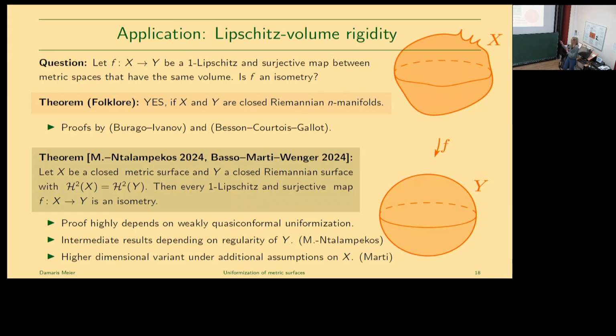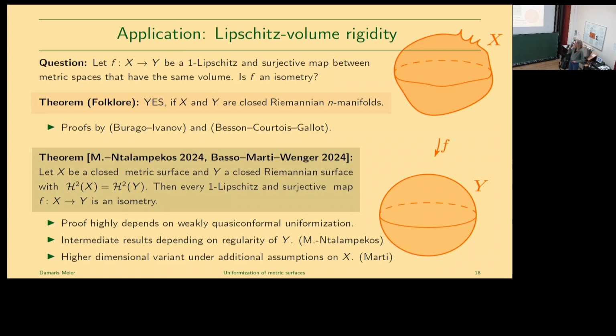So I think this is quite a nice result because somehow we don't know anything about the metric surface a priori, but just by having a nice map, we can get much more information out of the structure of Y. There exists a proof by Damaris and myself, and also by Basu, Marti, and Wenger using metric currents.